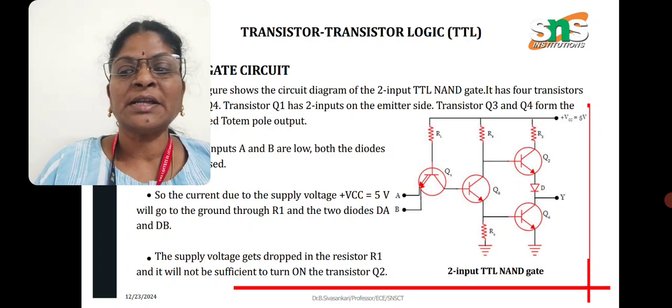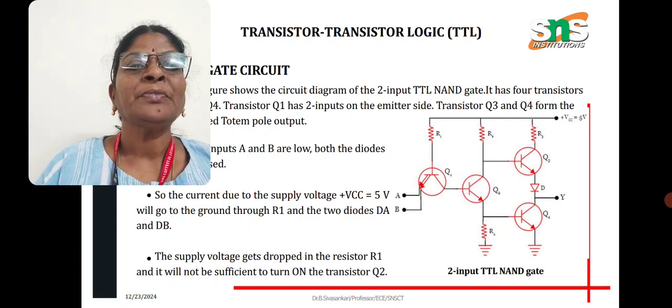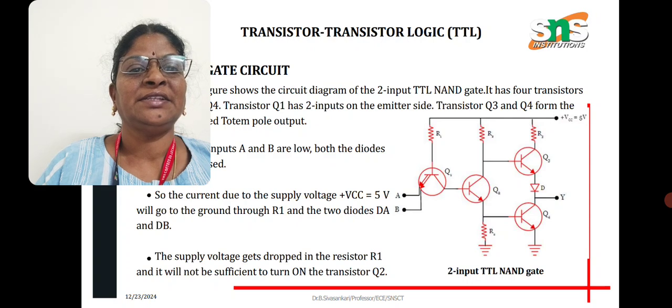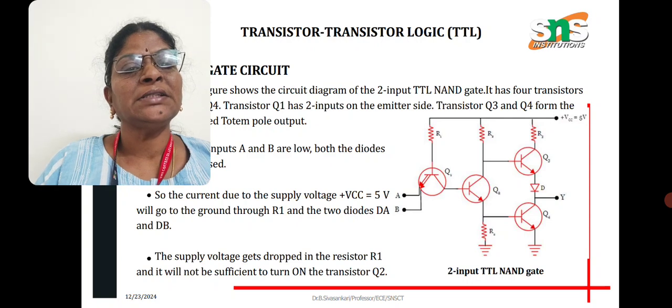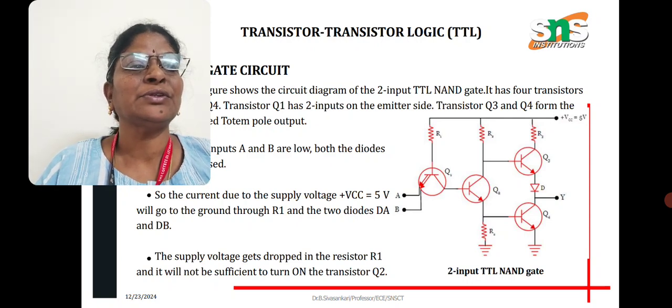Okay, so the current due to the supply voltage plus VCC, equal to 5 volts, will go to the ground through R1 and the 2 diodes DA and DB. So the supply voltage gets dropped in the resistor R1 and it will not be sufficient to turn on the transistor Q2.